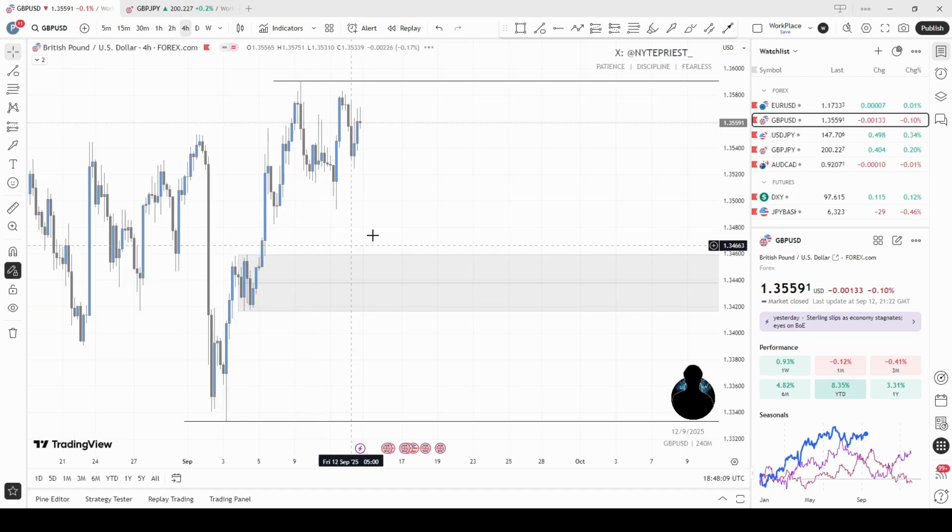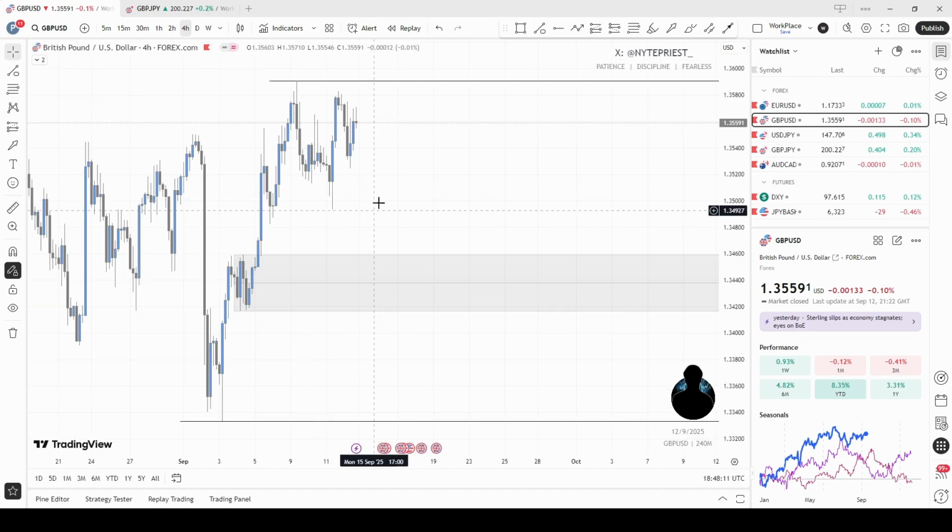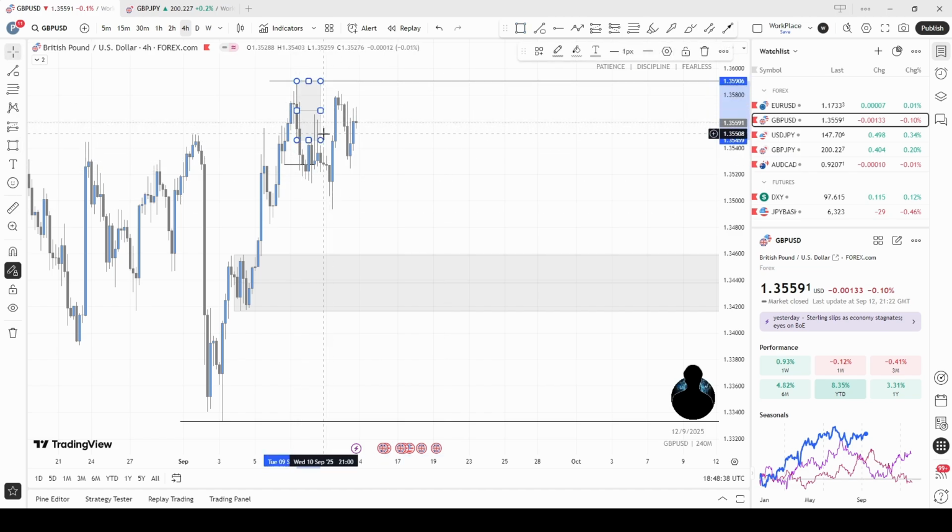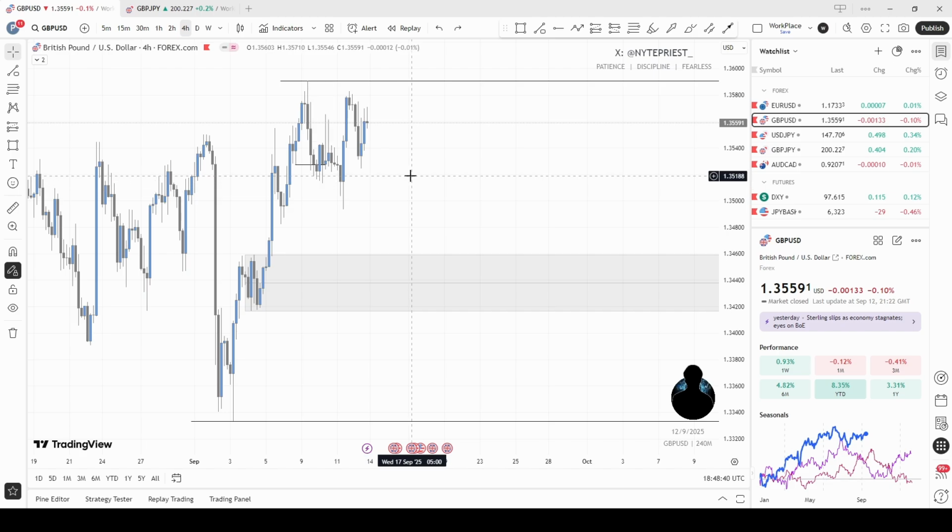So on the 4 hour time frame, we can see we had this break. All right. First came back, tested this supply, and then moved out. All right. So we've had another minor break here, and I'm not quite interested in this break.